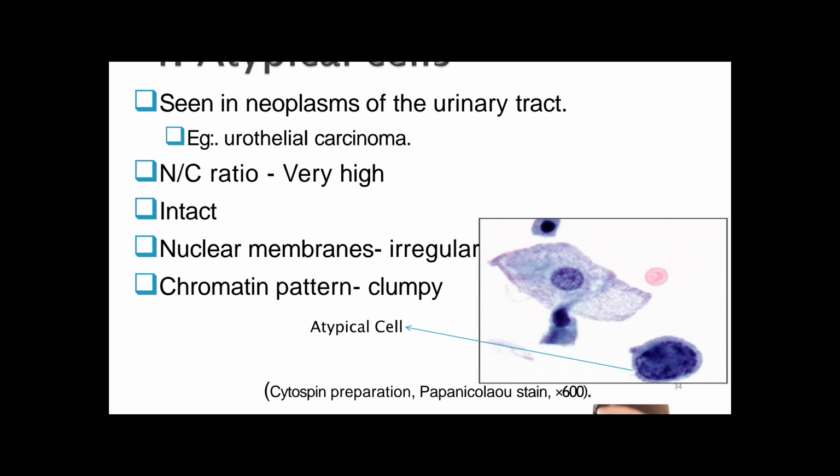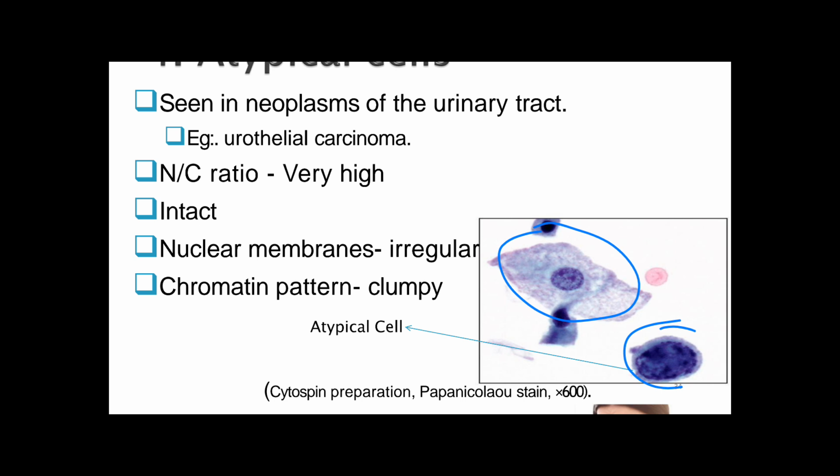So you can see here the picture. There are two cells, the larger one is the normal cell, and this one is the atypical cell. In the normal cell you can see the cytoplasm contents evenly distributed, and the nucleus also evenly distributed. But compare these two sizes: the atypical cell is small and the NC ratio is very high.